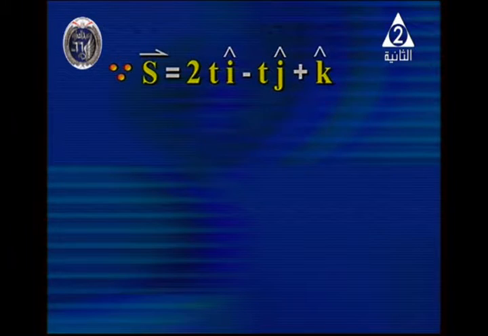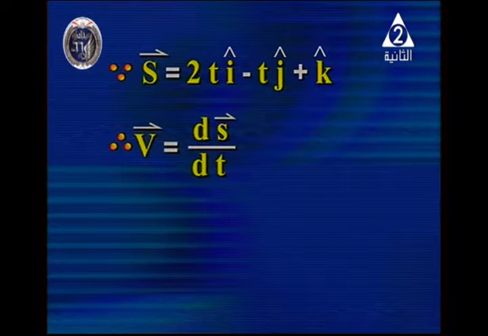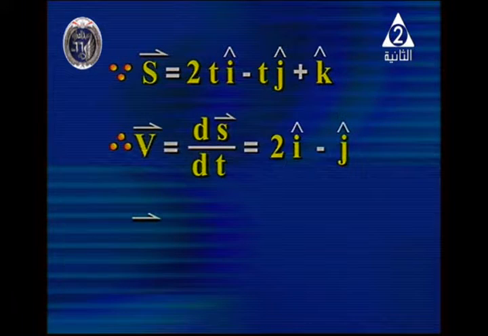Since, dear student, the displacement S equals 2ti minus tj plus k, therefore the velocity is the derivative of S with respect to the time t. What is the derivative of S with respect to time t? 2i minus j.